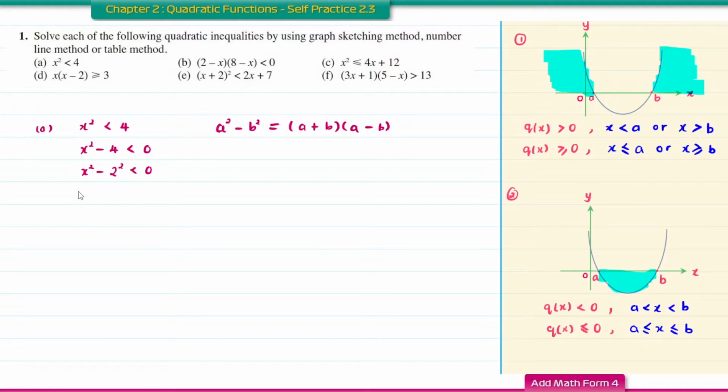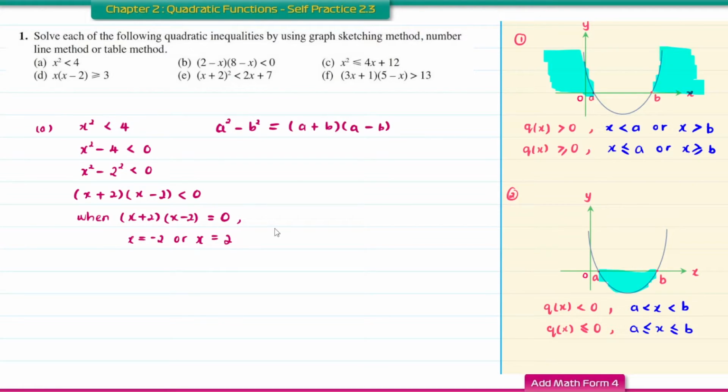Therefore, when I factorize this, it will be (x plus 2)(x minus 2) less than 0. Now, to find the roots of this quadratic inequality, I'm going to let x plus 2 and x minus 2 equal to 0. Therefore, x is equal to negative 2 or x is equal to 2.